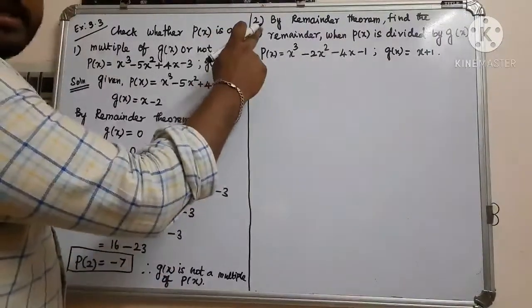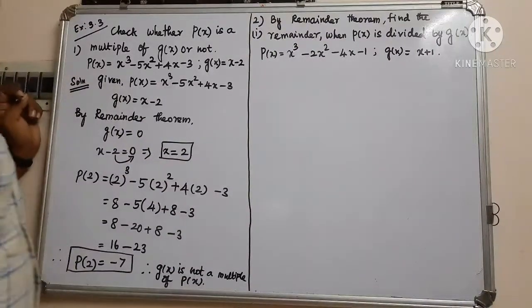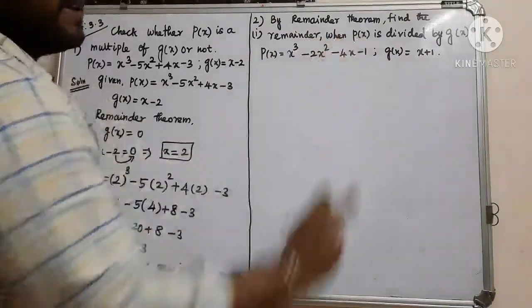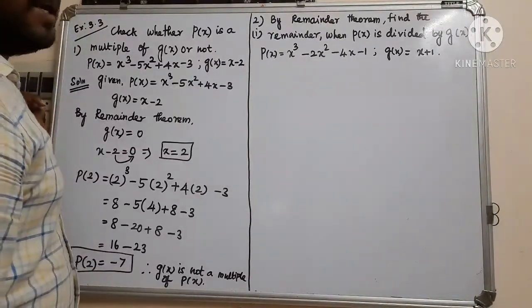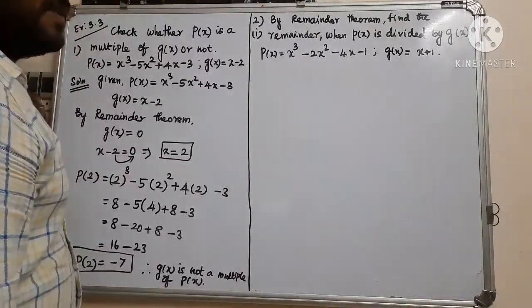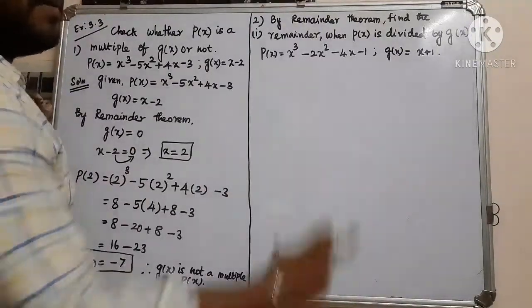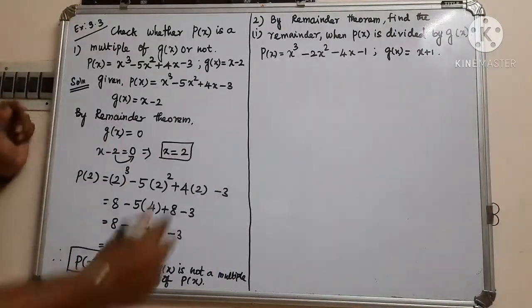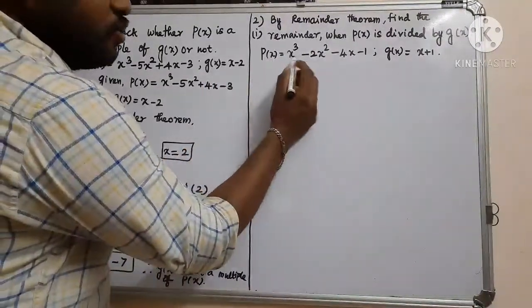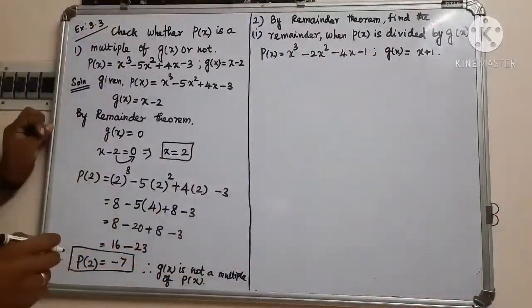The second one is, by the remainder theorem, find the remainder when p of x is divided by g of x. You have to find the remainder by using the remainder theorem. p of x is given as x cube minus 2x squared minus 4x minus 1, and g of x is given as x plus 1.